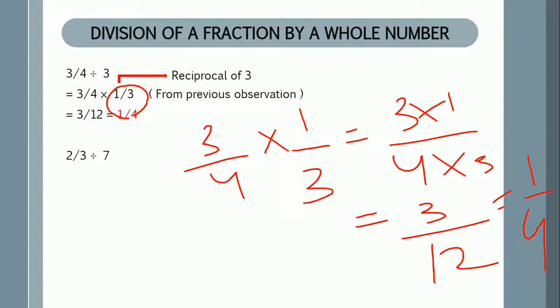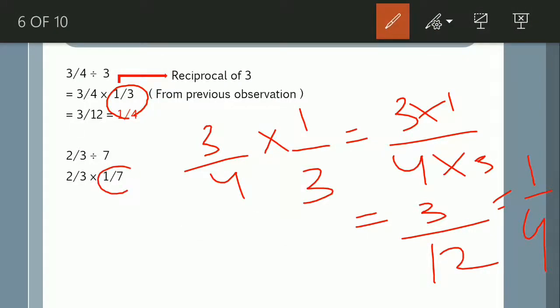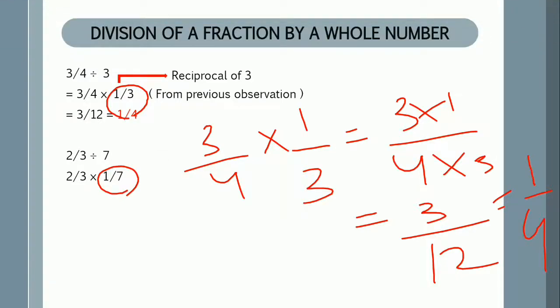Next, see another example, 2 by 3 divided by 7. So please tell what is the reciprocal of 7? Rajiv? Yes. Good. It is 1 by 7. Yes.